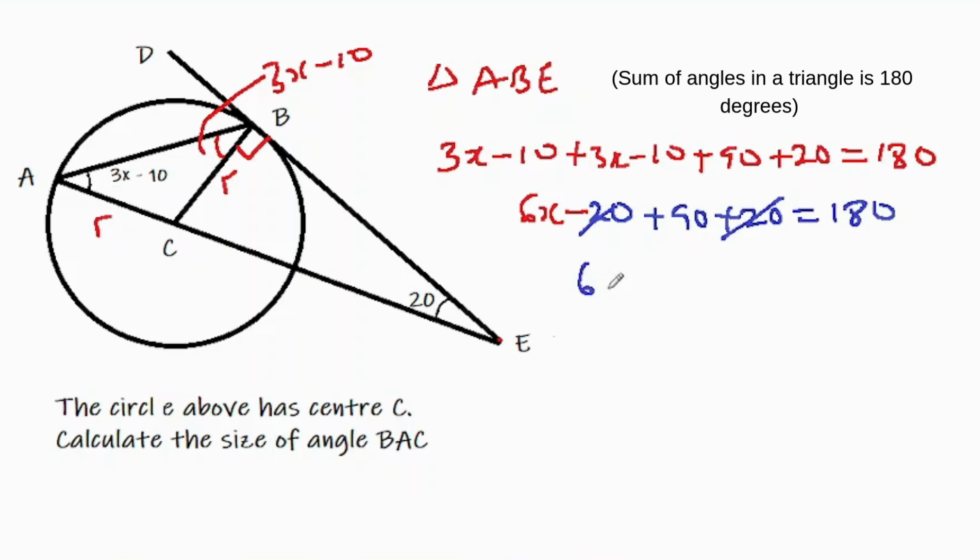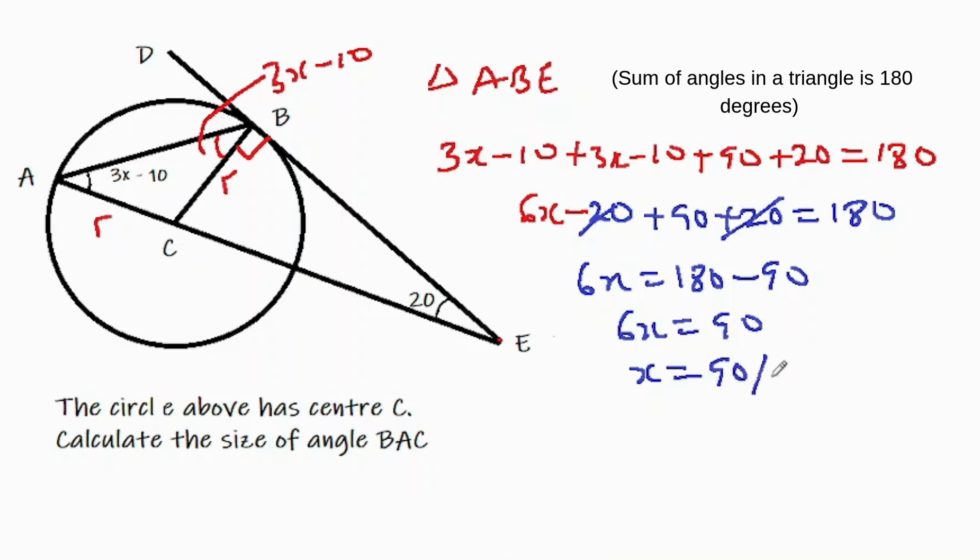So we have 6x, that's 180 minus 90. So 6x is going to give us 90, and x is 90 divided by 6, and that is 15 degrees. But we are not told to look for x. What we are told to find is angle BAC.